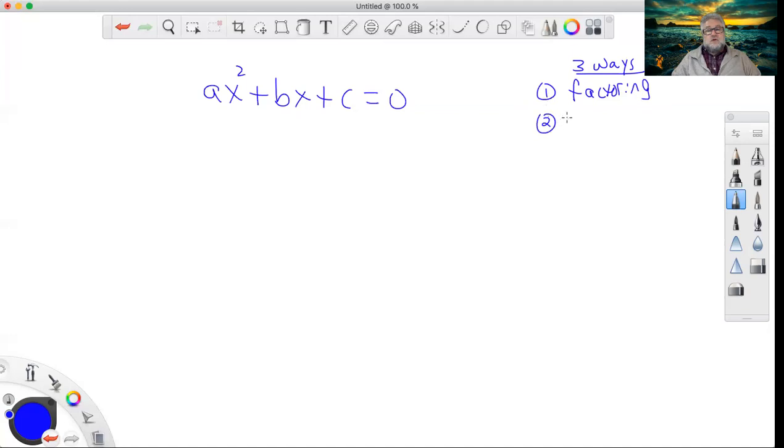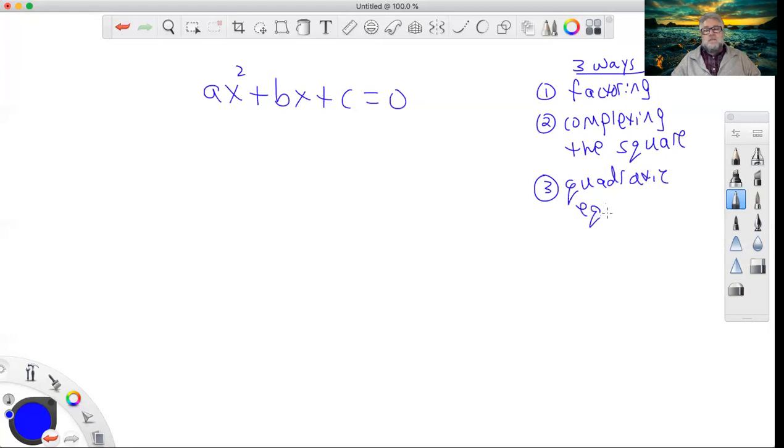Number 2 is completing the square, which we're going to work on. And number 3 is the quadratic formula that nobody likes because it's hard to do on a calculator. We're in an online class, so we're going to probably use some other tool. But we talked about this already.